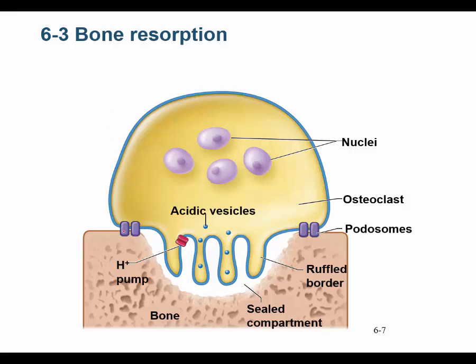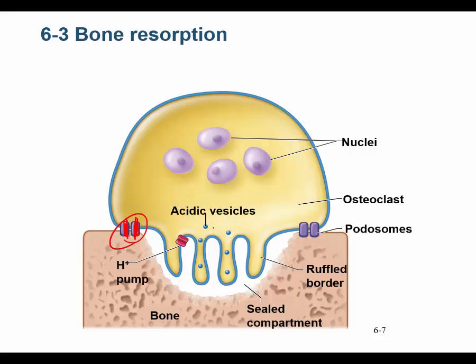Well, what happens is osteoclasts seal themselves onto an area. These are called podosomes right here. I just circled the podosome. And they seal themselves onto this bone. Now think three-dimensionally. These podosomes are coming out of the screen and back into the screen, so they make a whole circle of sealed podosomes.